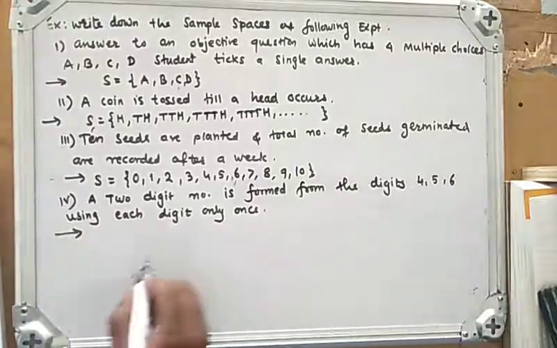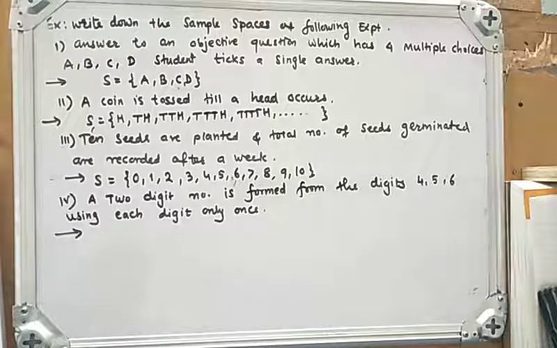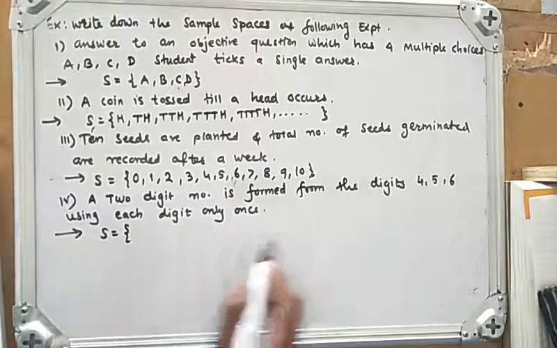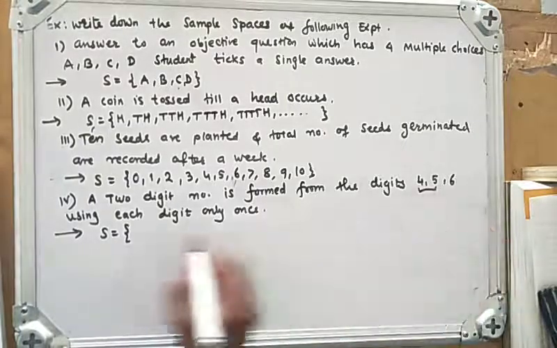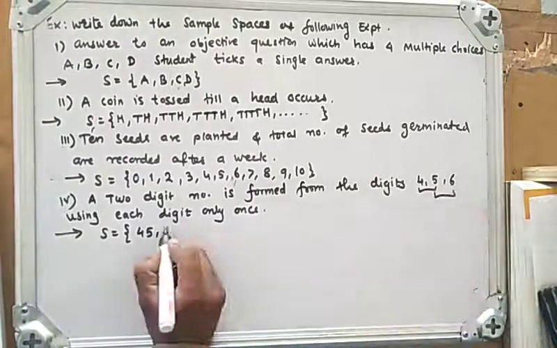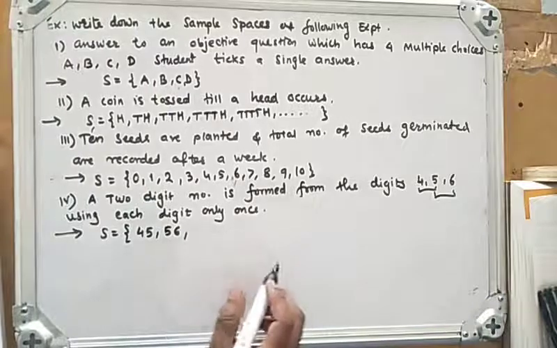So the solution of the fourth example. In total there are three digits, 4, 5, 6, and we form a 2-digit number using each digit only once. What is the sample space? I will write 45, 56, then I interchange these, so we get 54, 65.